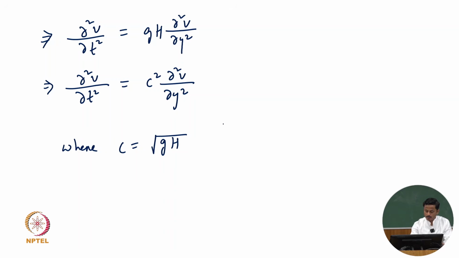So this is actually small c. We are just saying let us call this variable c, equal to the square root of gh, and this is different from the scale c for the wave speed that we had introduced.